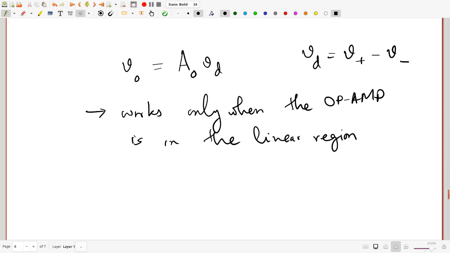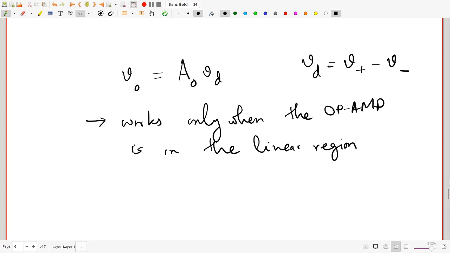And the trouble is, op-amp will be in this linear region only as long as VO has a magnitude which is less than Vsat. Once again, I am assuming that plus Vsat and minus Vsat are really equal in magnitude, although, as I have explained before, there may be small differences. But just for the sake of simplicity, we are assuming that plus Vsat and minus Vsat are really negatives of each other, as the notation suggests.